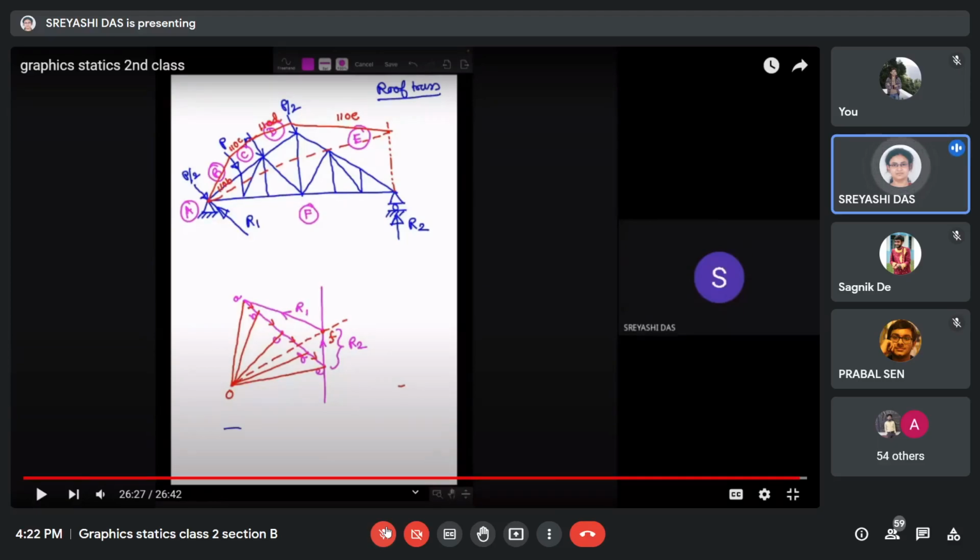So here we cannot draw that OA line. So we have started drawing the line from OB in the B space. So that is the reason.